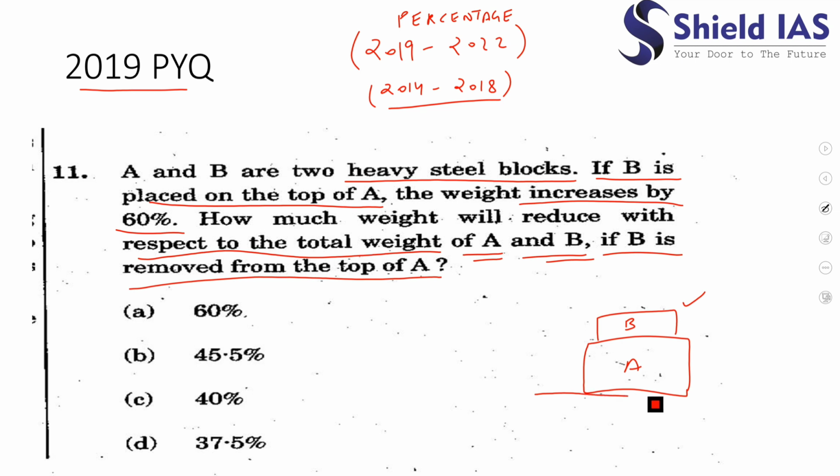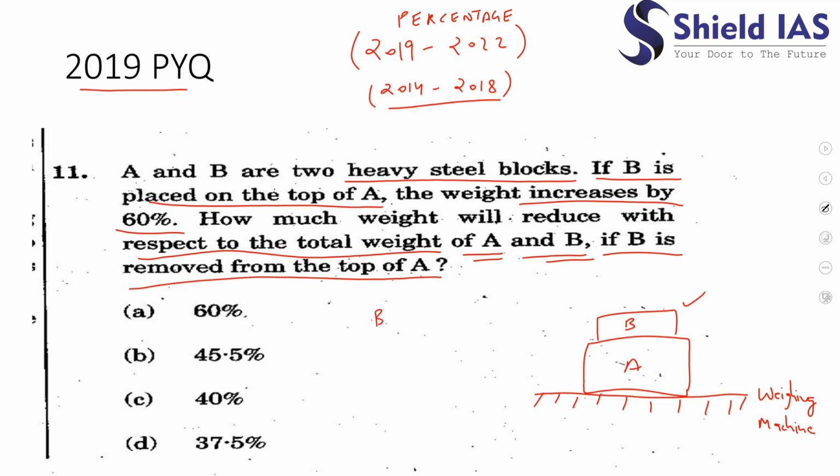So let A and B be placed on a weighing machine. Then I can write how much will be the increase in weight.